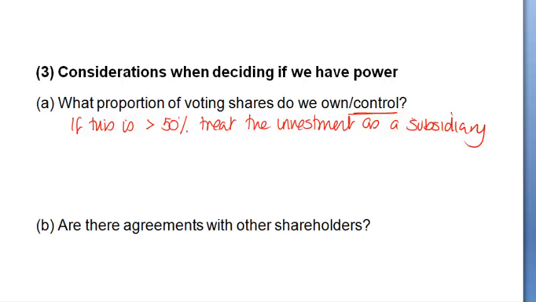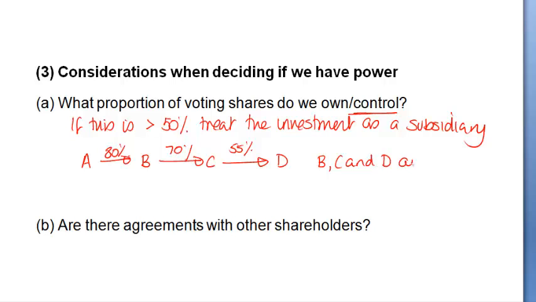So remember the scenarios that we often see in complex groups. A has 80% of B, B has perhaps 70% of C, C might have 55% of D. Well, here B, C and D are all subsidiaries of A. And the reason for that is that A controls a majority of the shares.